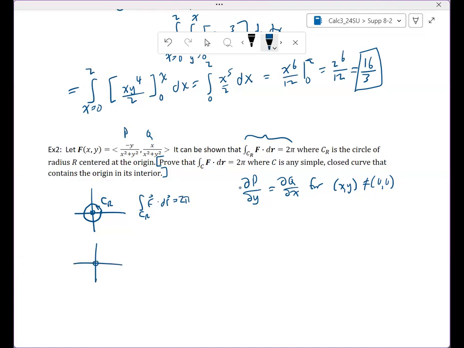But I want to make the argument that if I have any curve that encloses the origin here, that line integral will be 2 pi.